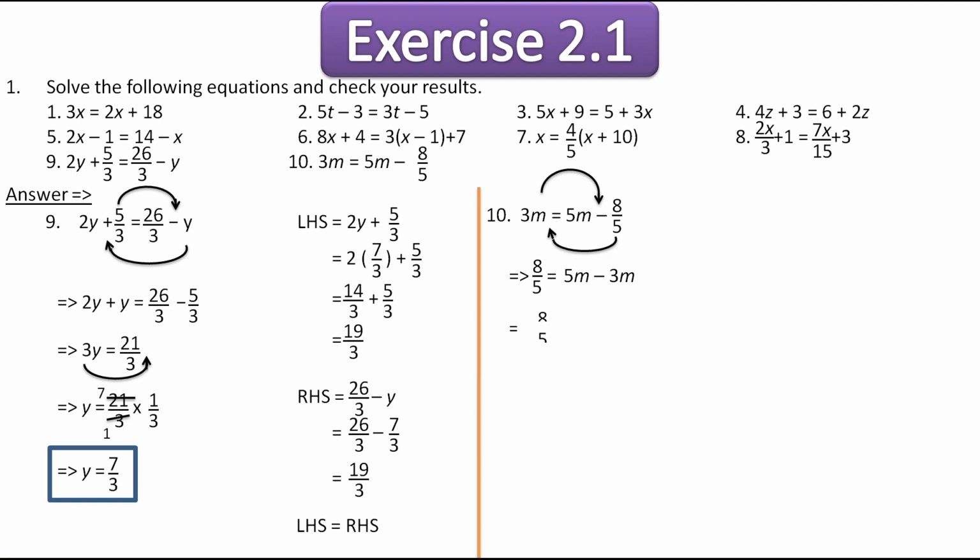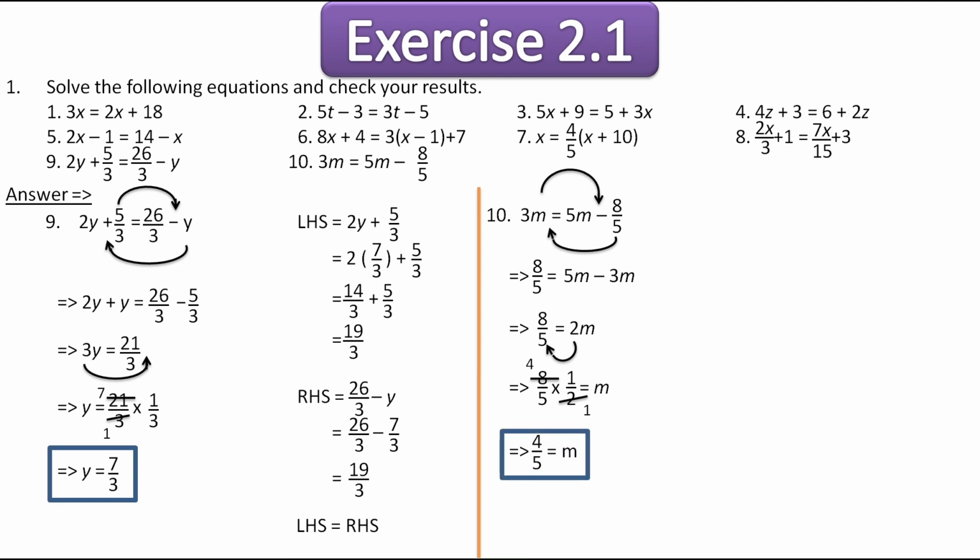So we got 8 upon 5 is equal to 2m. Now we will send this 2 to the left hand side. As 2 is multiplied with m, so it will get divided. So 8 upon 5 into 1 upon 2, which is equal to m. Now here 2 ones are 2 and 2 fours are 8. So we got the value of m as 4 upon 5.